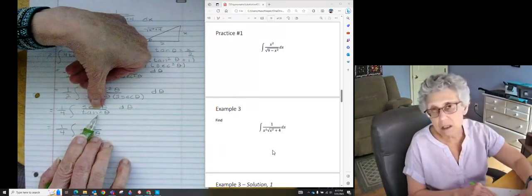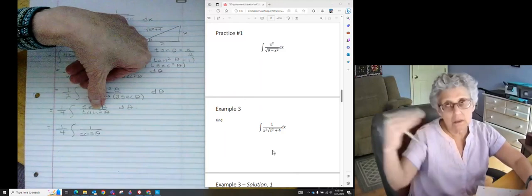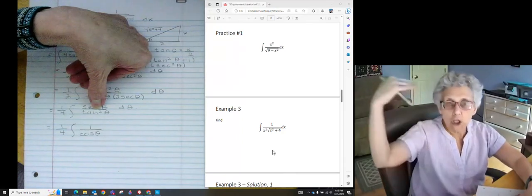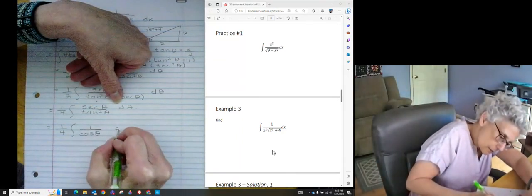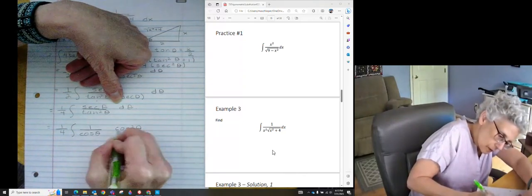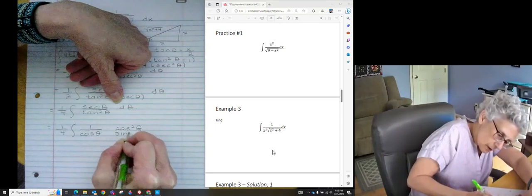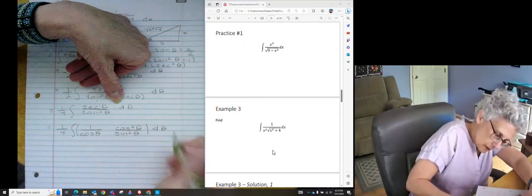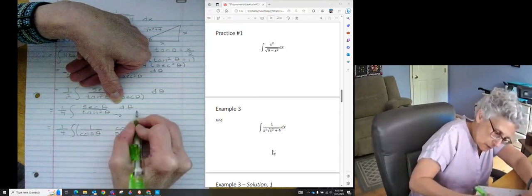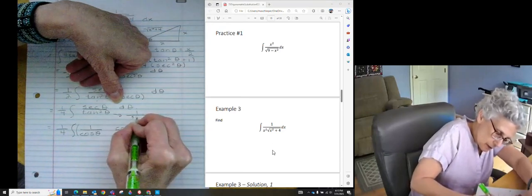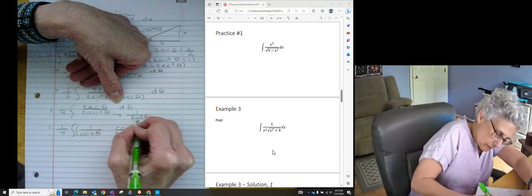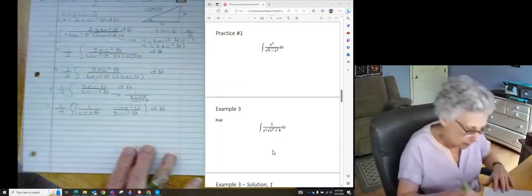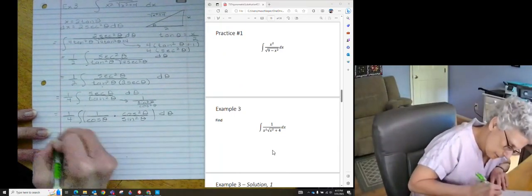I have tangent squared in the denominator, so that means it's really 1 over tangent squared, so cosine squared is on top over sine squared of theta d theta, because this is 1 over sine squared over cosine squared. Okay, let's see if that helps me at all.